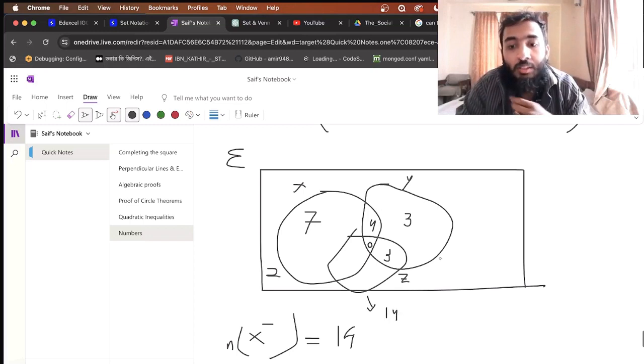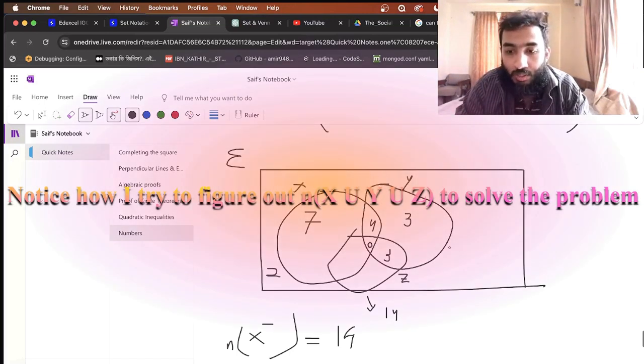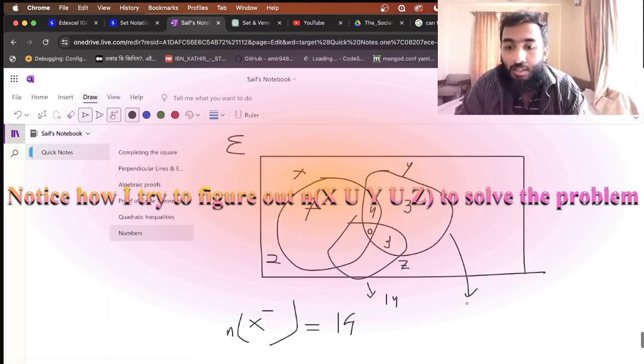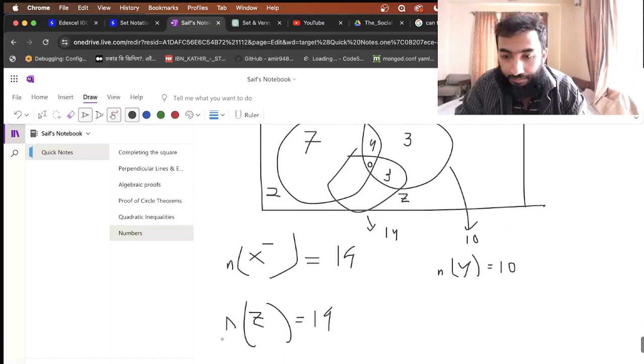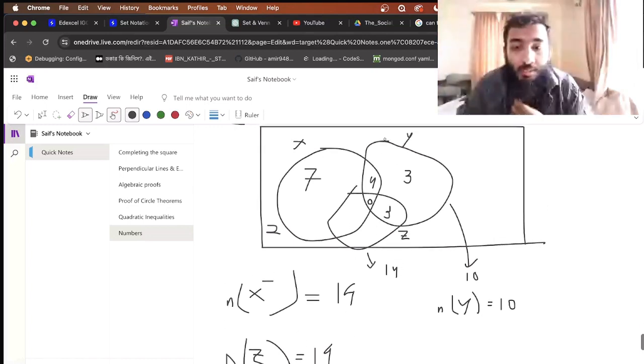And what is the total number of elements in y? 4, 3, 0, and 3. If you add all of these, the total number of elements of y is 4 plus 3 plus 3, which is 10. So the number of elements of y is 10 and z is 14, and the common between y and z is 3.